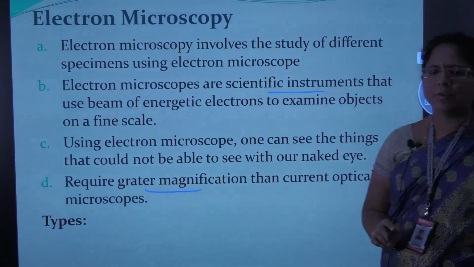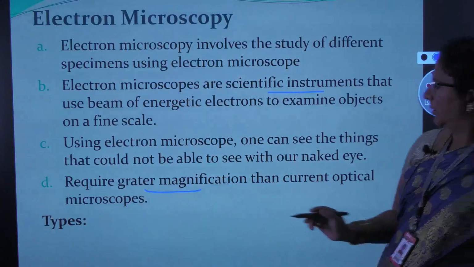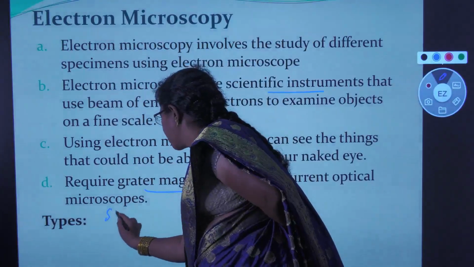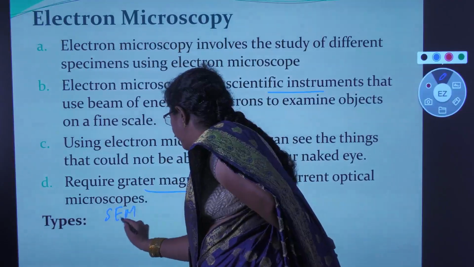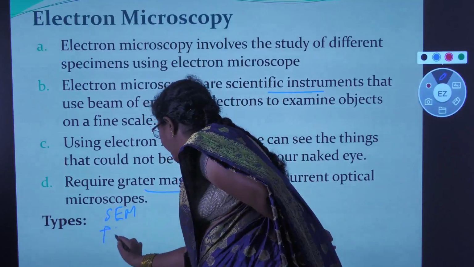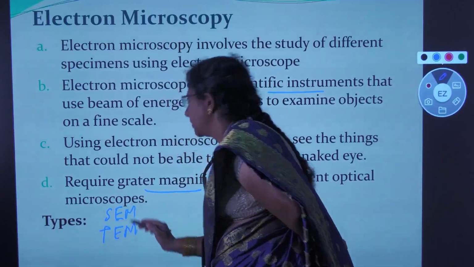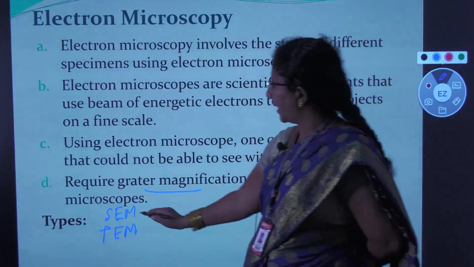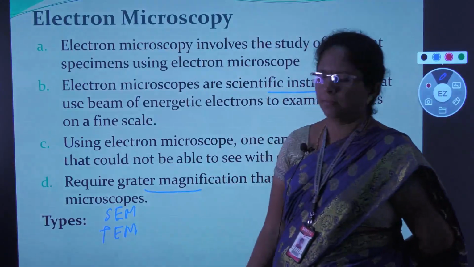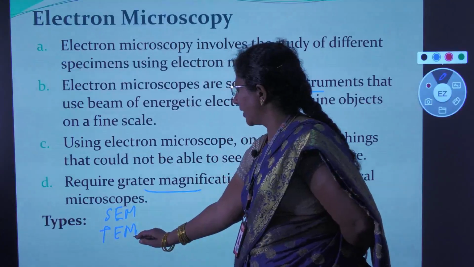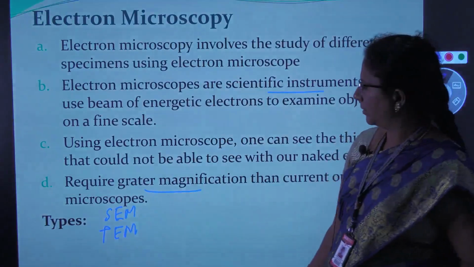So coming to the types of electron microscopes, there are 2 types: SEM and TEM. SEM means scanning electron microscope. TEM means transmission electron microscopy.